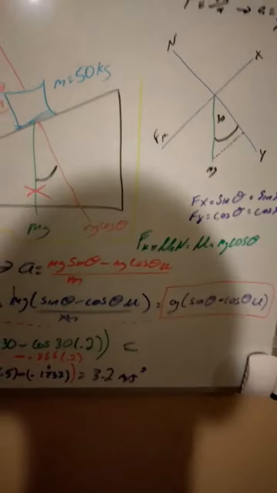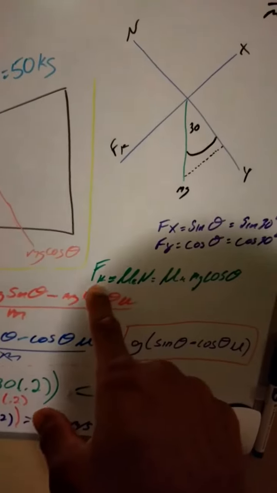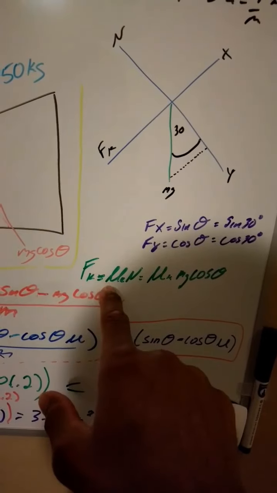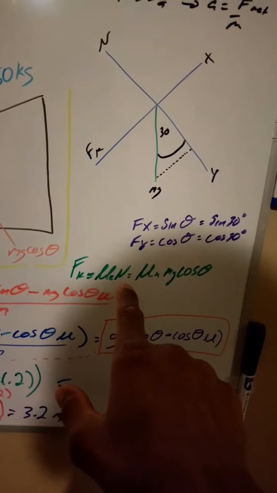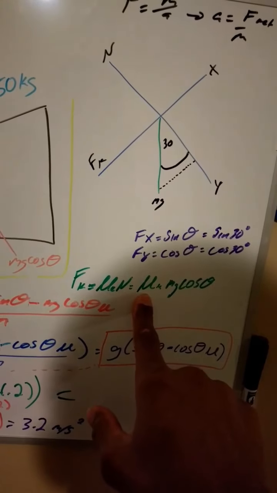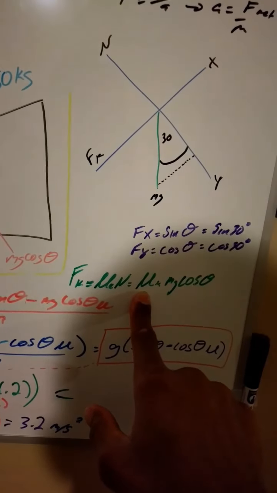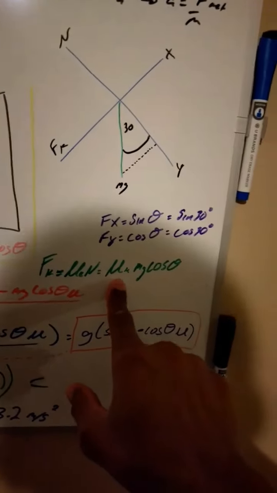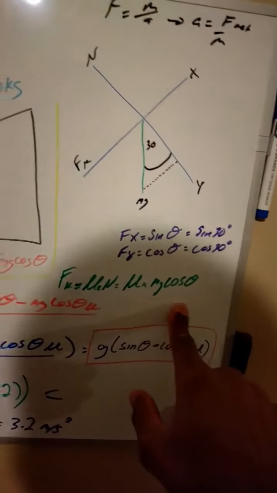So that's why over here, our friction force, being mu times normal force, is equal to mu k mg cosine theta.